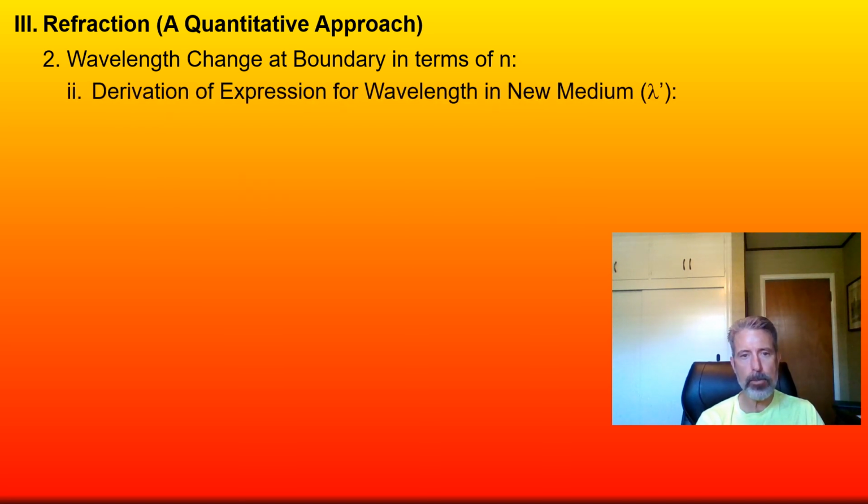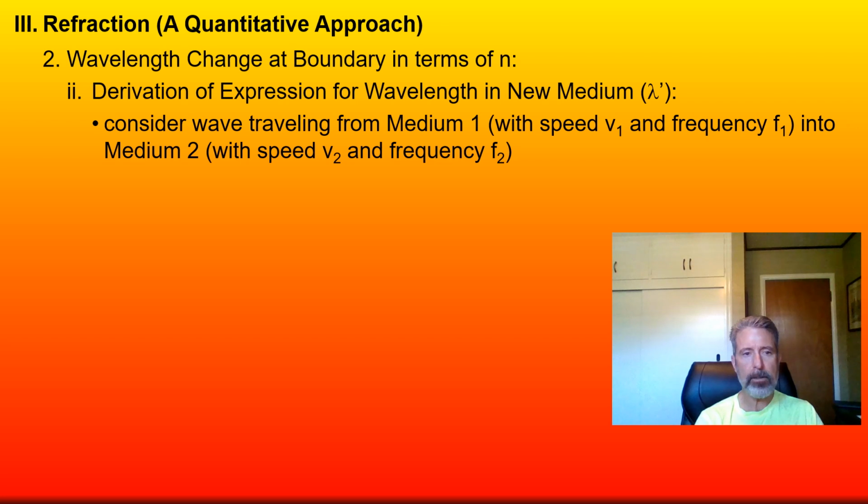Let's derive this expression for the new wavelength, lambda prime, in the new, refracted medium. Let's consider a wave traveling from medium 1 with speed v1 and frequency f1, into medium 2 with speed v2 and frequency f2. As we said, the frequency does not change.